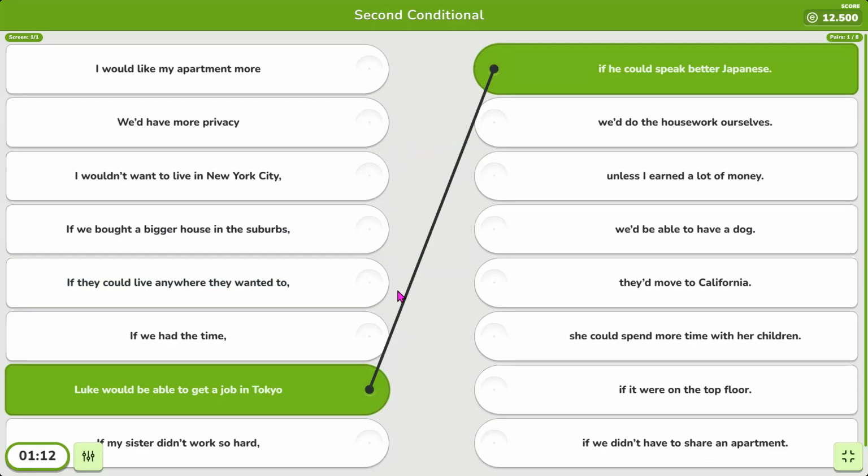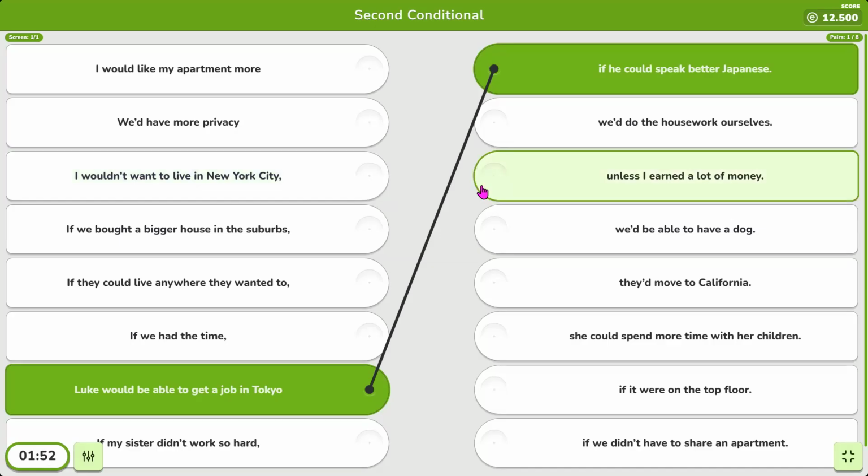Another one, my dear Christian. I wouldn't want to live in New York City unless I earned a lot of money.